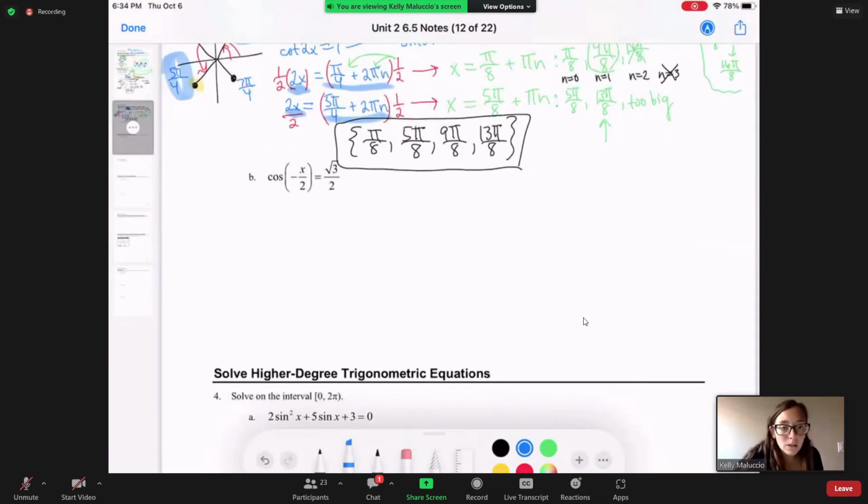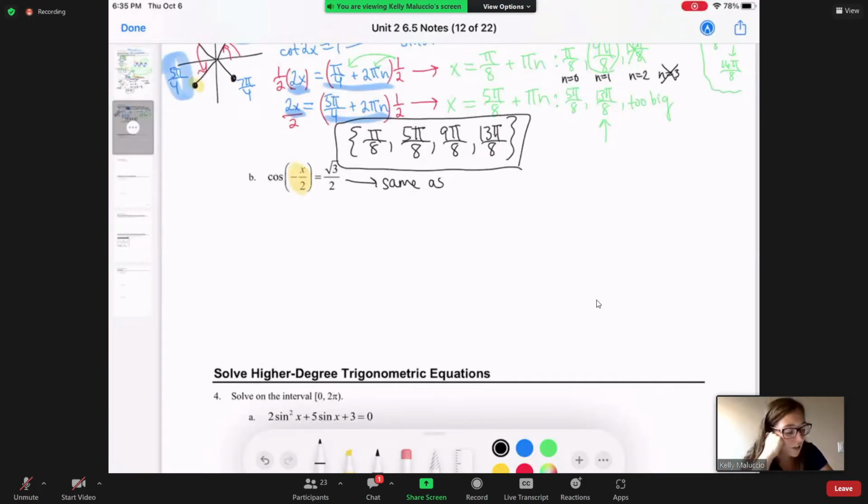So part B, we have cosine of negative x over 2 equals root 3 over 2. Just to make life easier, I'm going to say this is the same because remember, cosine is even or odd?